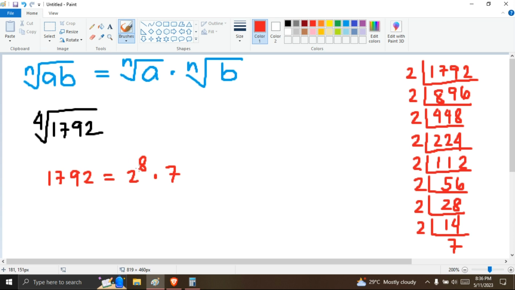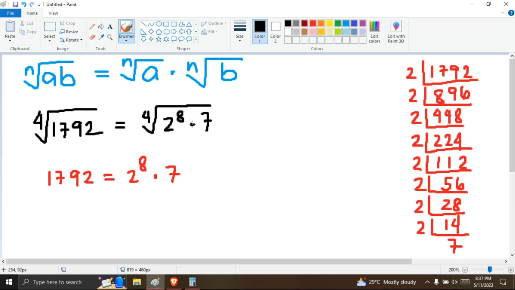So we can now conclude the first phase of our solution, that is the fourth root of 2 to the power of 8 times 7.